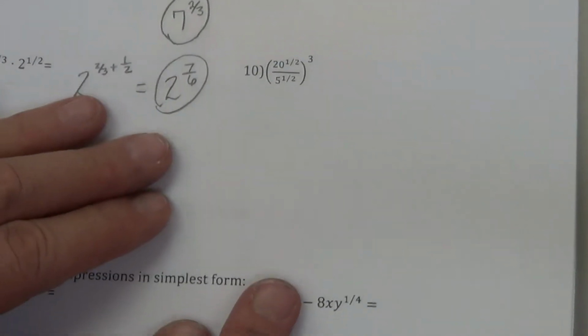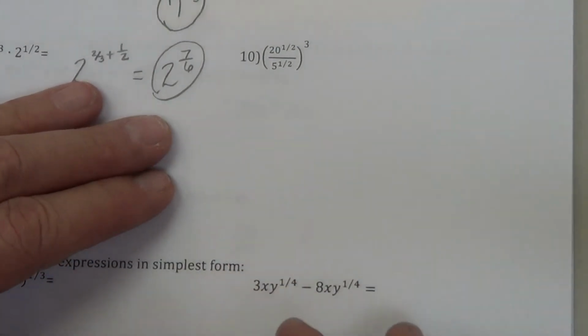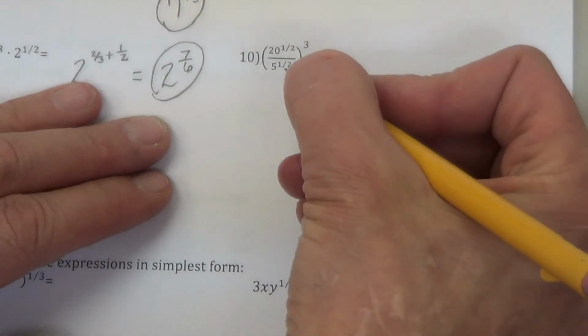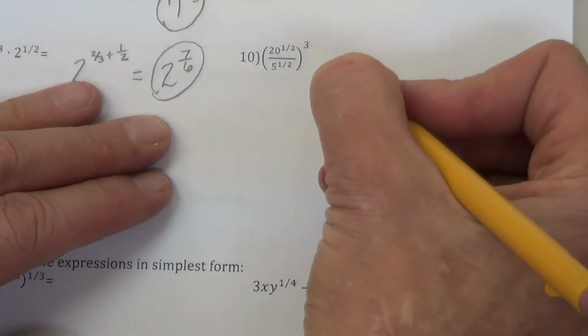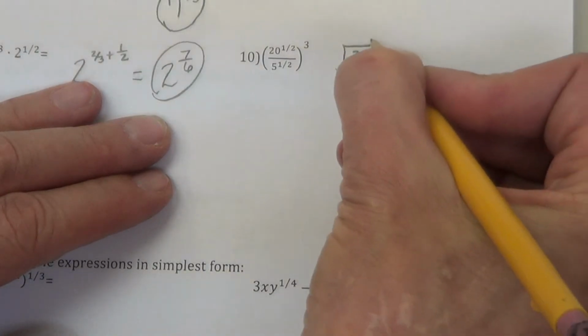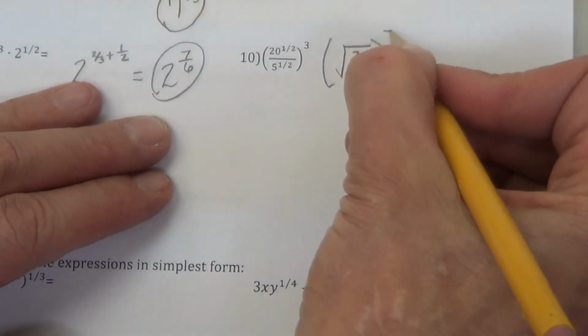Okay, and the last one, we have square root of 20 over the square root of 5, or 20 to the 1/2 over 5 to the 1/2. We could just write it as a square root, 20 over 5, cubed.